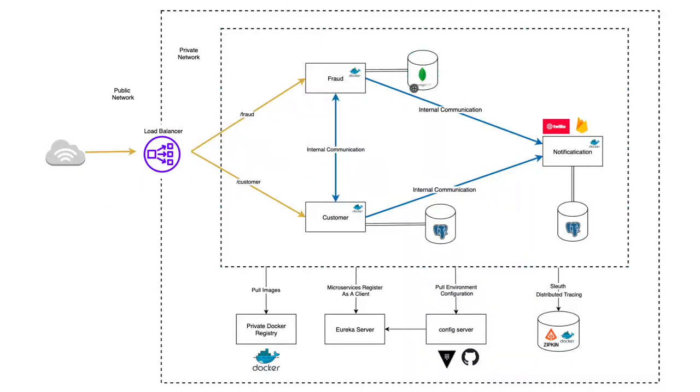So far, we have this implementation in here where we have the load balancer, customer, fraud, and also notification. Now, in here, we have got no asynchronous communication within these microservices, neither fraud, nor customer to notification.